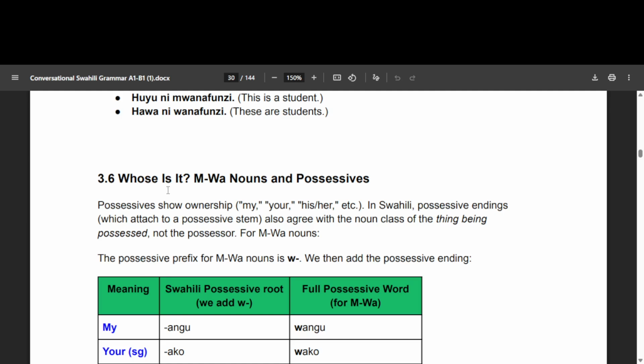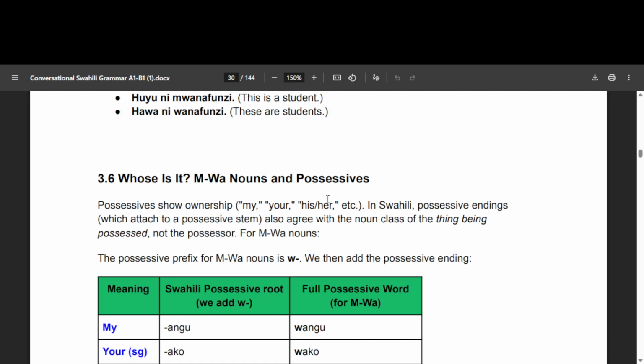3.6. Whose is it? M-wa nouns and the possessives. Possessives show ownership. My, your, his, her, and so on.